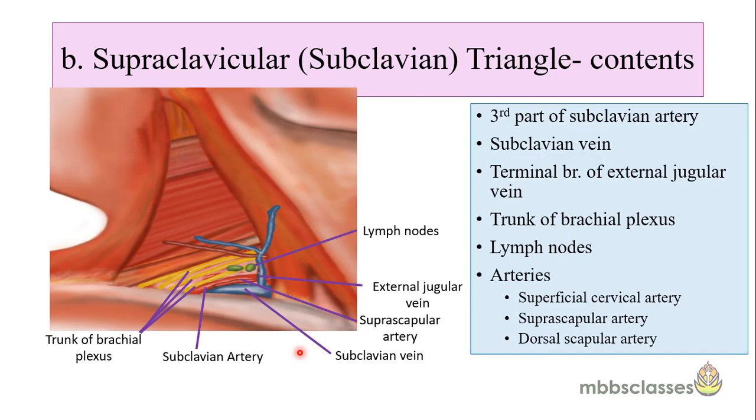The most important content is the third part of the subclavian artery. This is the third part of the subclavian artery. It curves inferolaterally from the lateral margin of the scalenus anterior muscle across the first rib to the axilla.